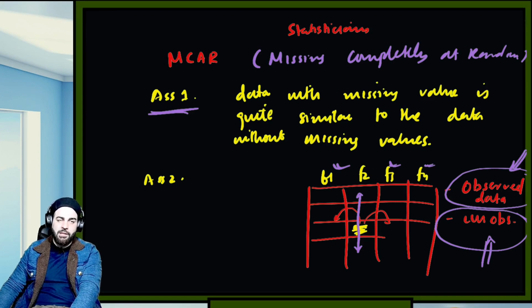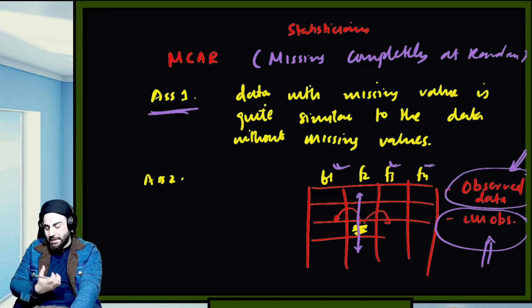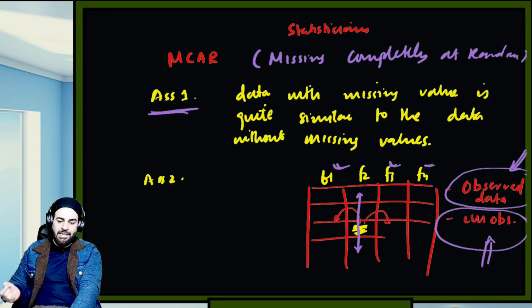Whatever features you collect, you think that they somehow contribute to the thing we want to make conclusions about. That is our observed data. Then there is unobserved data which we have not collected, as in the X-ray example. So the first assumption is that there is no relation of these missing values with the observed data, and the second assumption is that there is no relation within the same feature also.